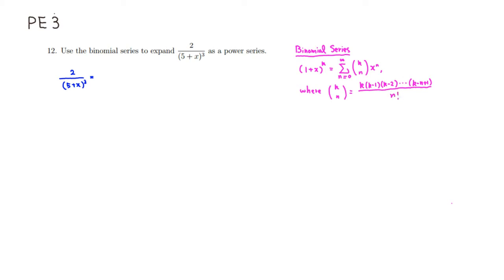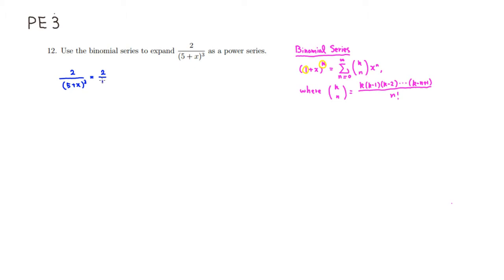Let's try to fit the form here. We want to have (1 plus x), so we would like to have 1 here, and then some power k. Let's rewrite it in that form. First, I'm going to pull out 2 because I would like to have 1 on top. Then there's a 5 instead of 1, so I'm going to pull out 5 from there.